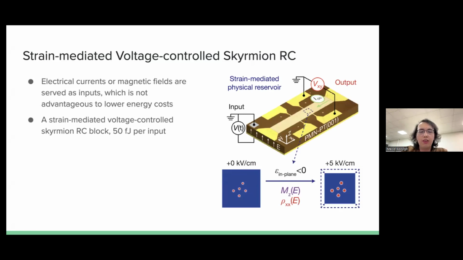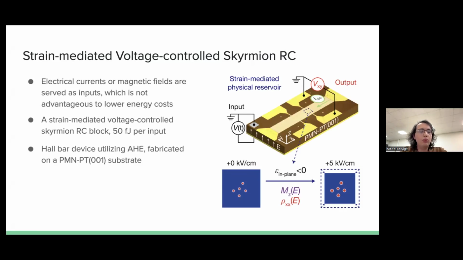The breathing dynamics will be explained in detail later. The estimated energy dissipation is 15 femtojoules per single input, which is 3 or 4 orders of magnitude lower than that of a standard CMOS-based reservoir.